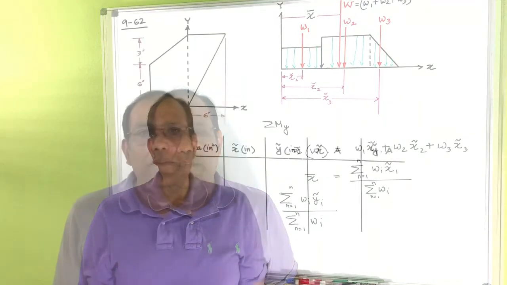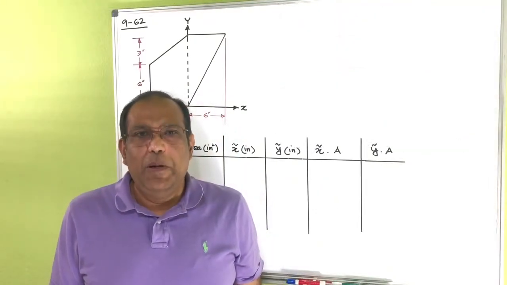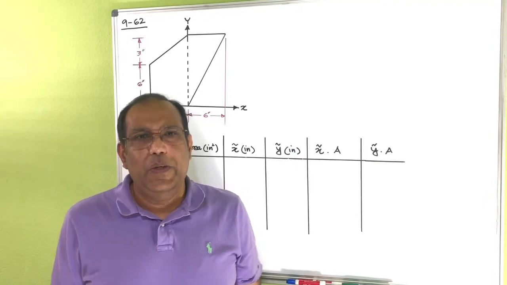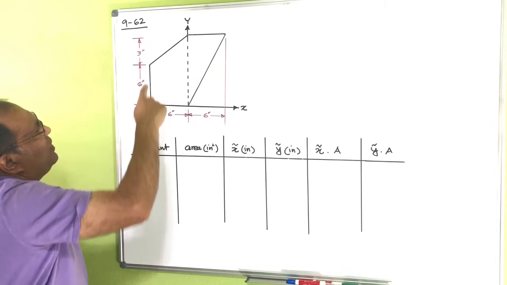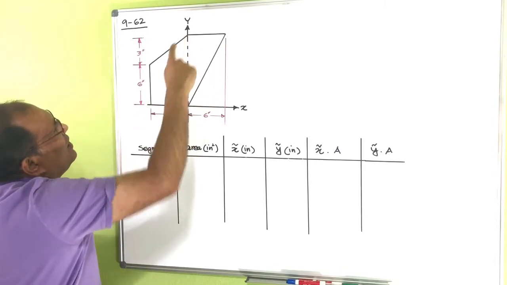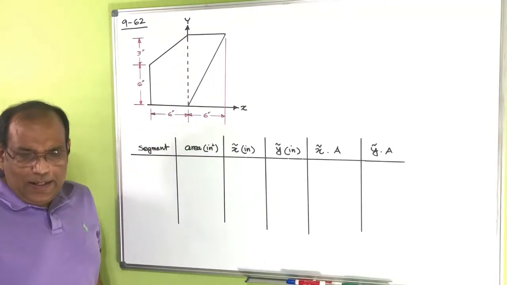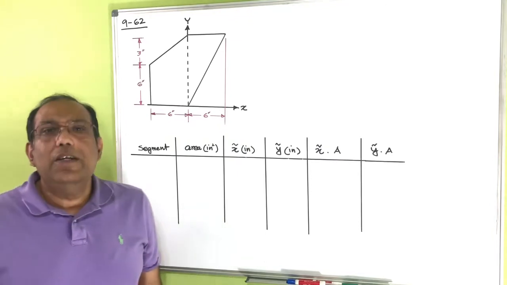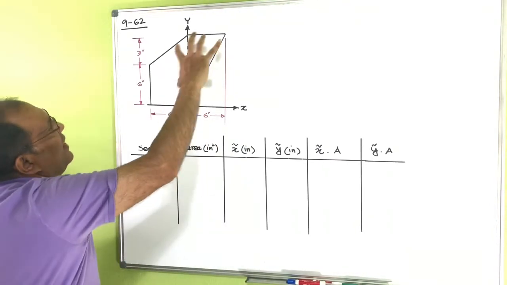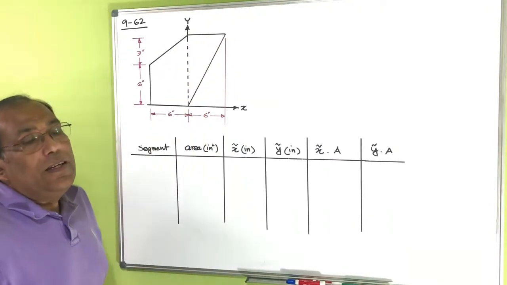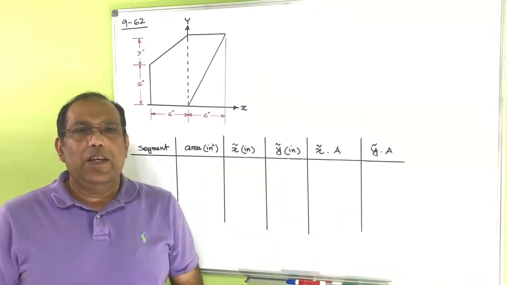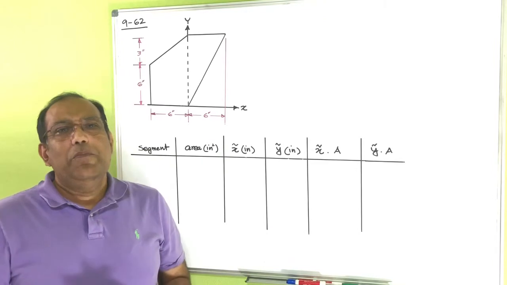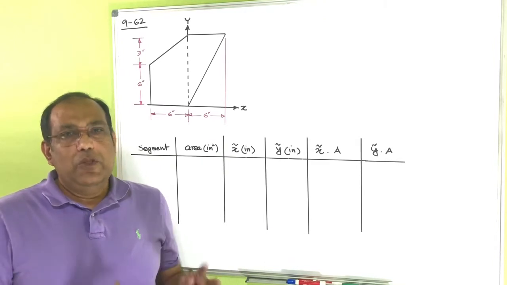Problem number 9-62. Here is the figure. You can see they are asking to find x bar and y bar for this area here. First of all, we have to see how many regular shapes we can make from this composite body.